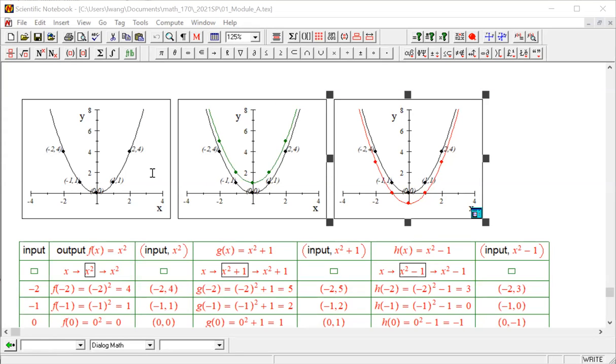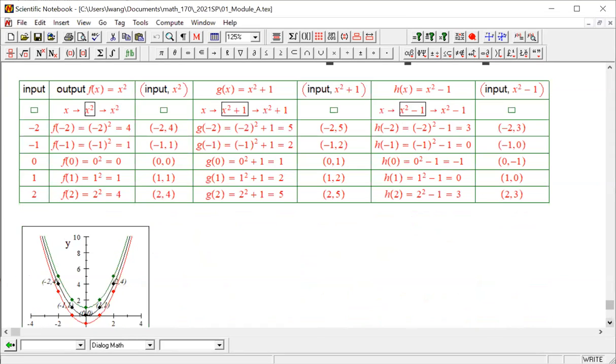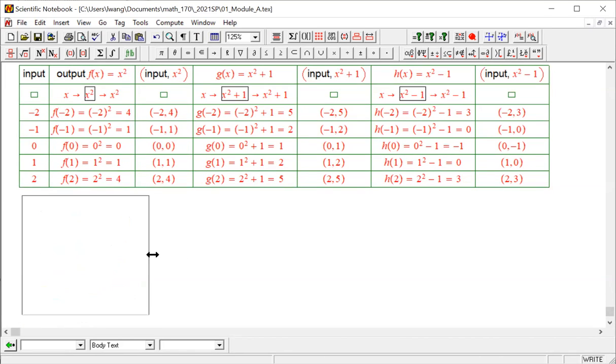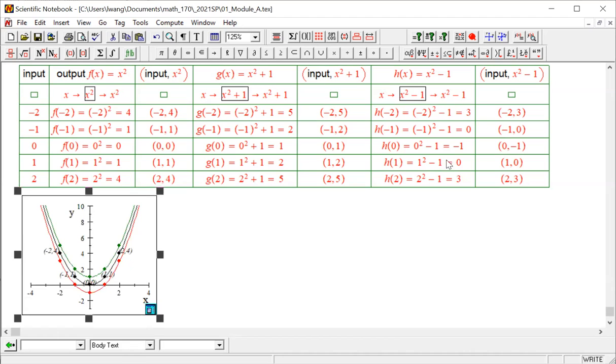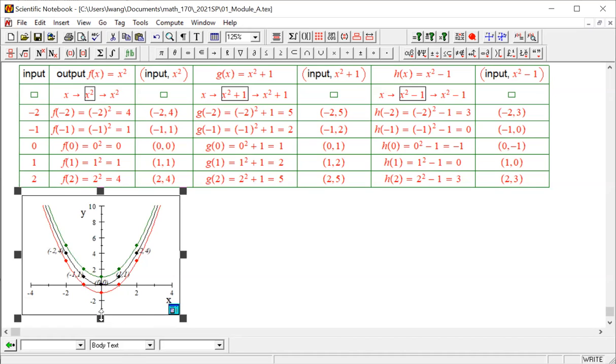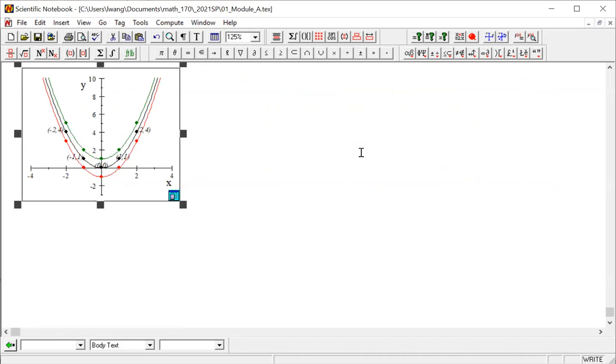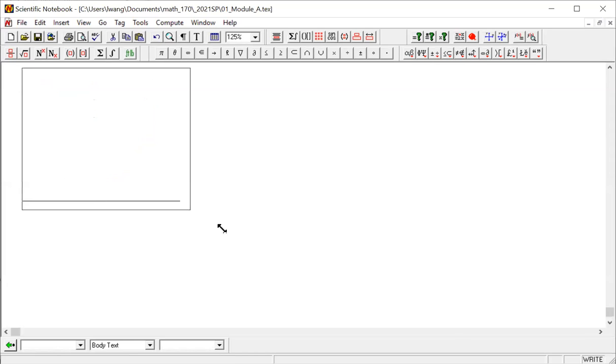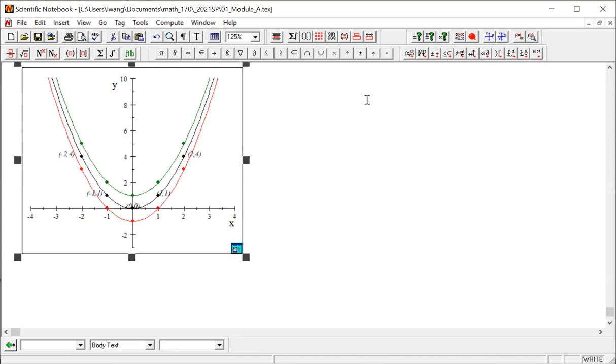If we put all these three curves together, the black, the green, and the red, let's see if you can mark them. There we go. Okay, so this is the final curve of all three. Can you mark the three curves? Let's do that.